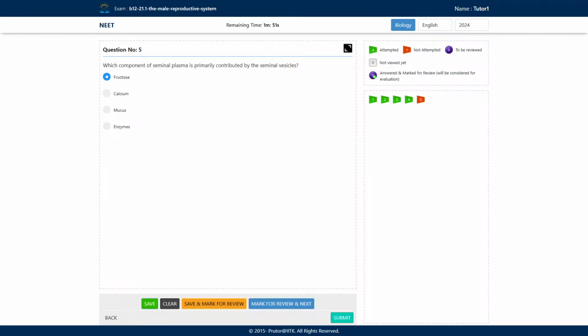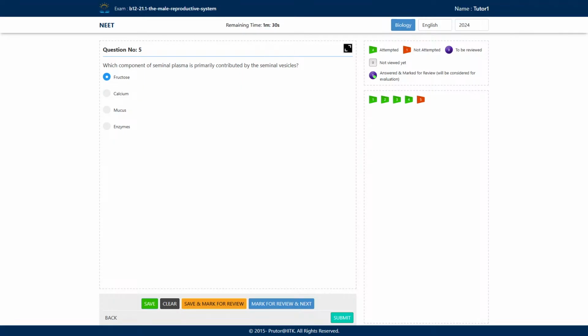So you should know the function of the seminal vesicles, the role of the prostate gland, and the function of the bulbourethral gland. Prostate gland secretes a milky alkaline fluid, which is a major part of the semen.